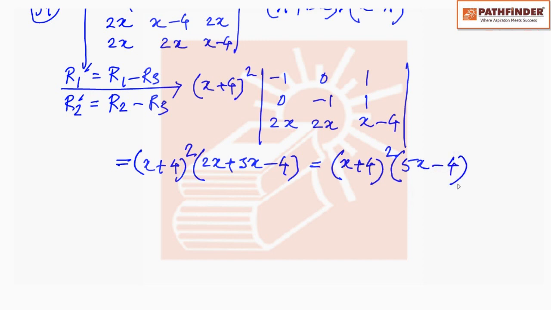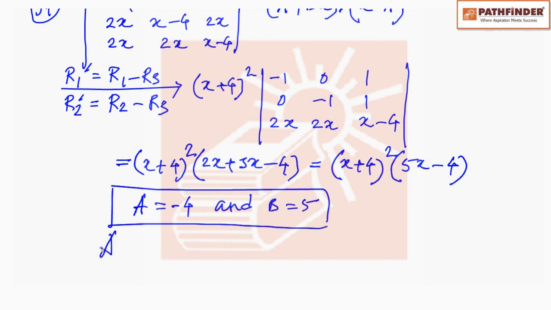Comparing this with the given structure, we are getting a equal to minus 4 and b equal to 5. So our answer is option 2, which is minus 4 comma 5.